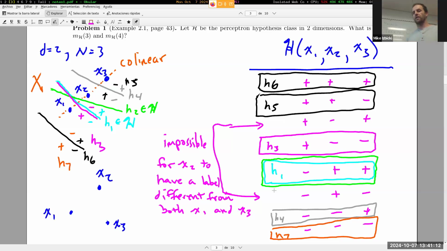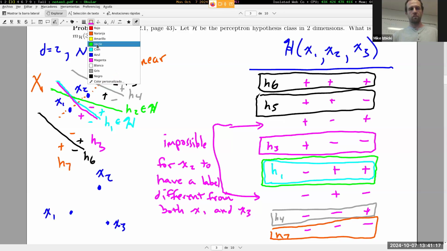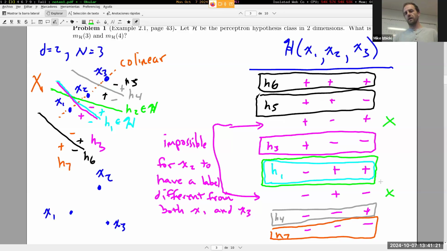So because of that, these two entries are not in the dichotomy. Everything else is in the dichotomy.